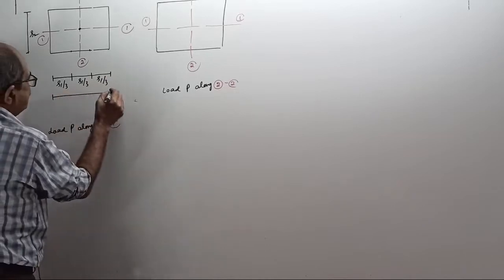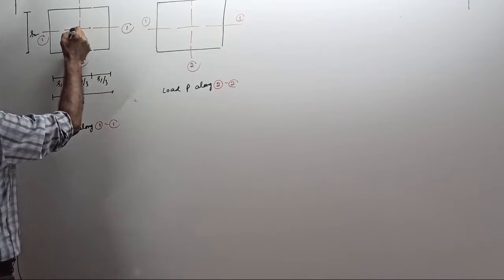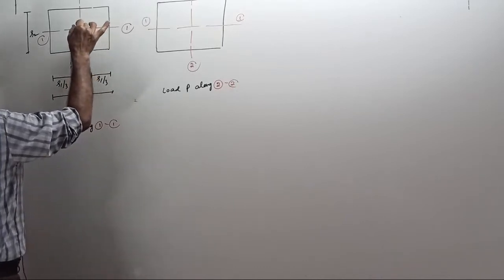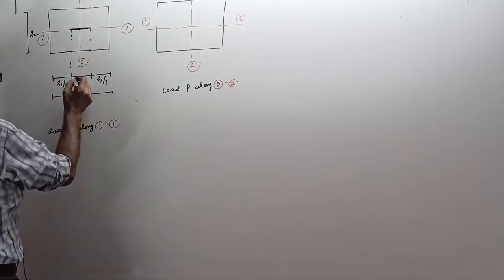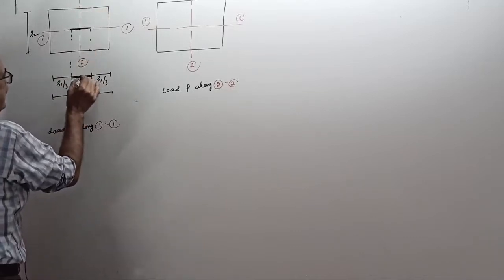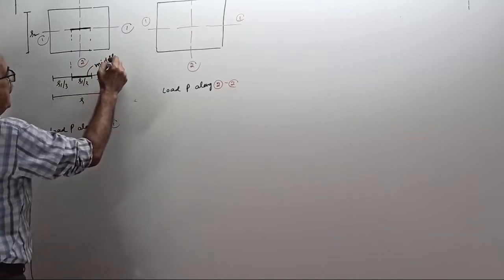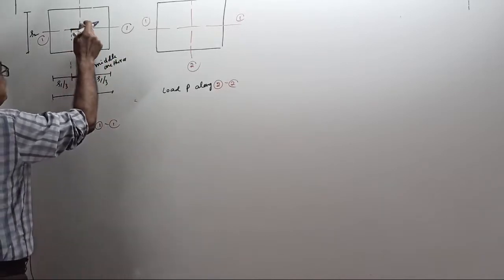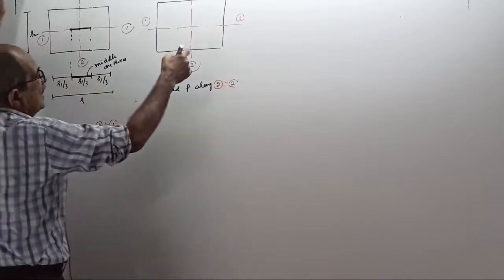Total is S1. So anywhere along this line, you can write here, middle one third length. S1 by 3 is the middle one third, or from center 1/6, 1/6. Load is anywhere on this line.